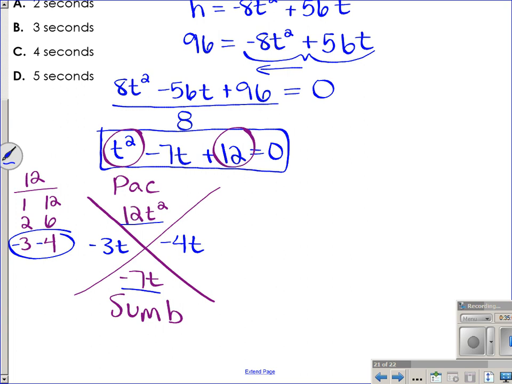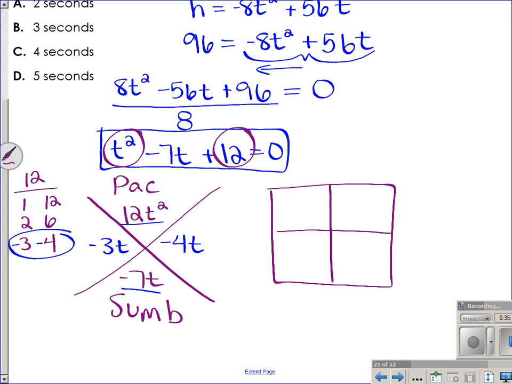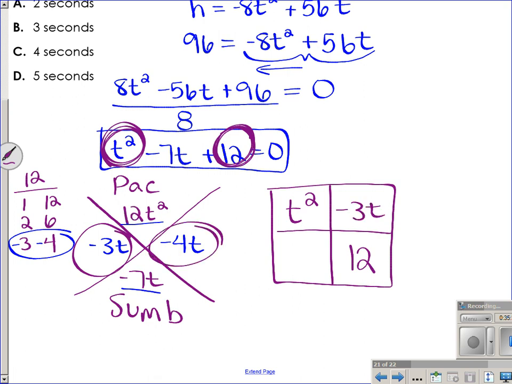Okay, so next I'm going to set up the box. In the first box goes the first term from the original equation, the t squared. In the last box goes the last term from the original equation, positive 12. And then in the other two boxes go our two factors, negative 3t and negative 4t.